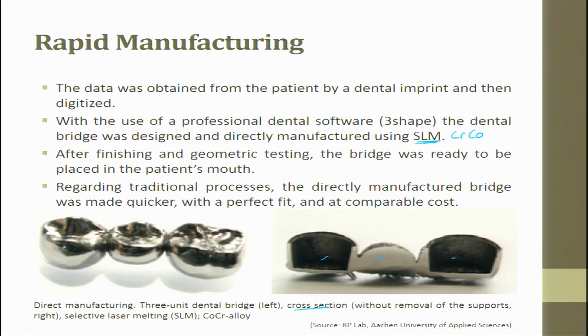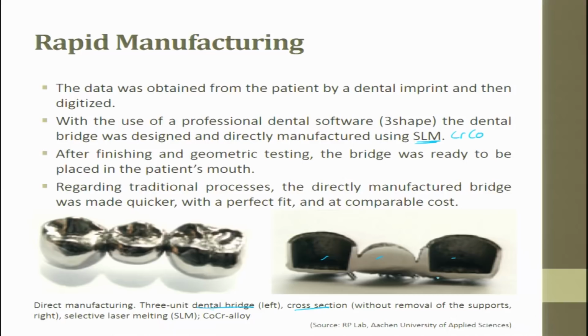Okay, and here what we see is the dental bridge. So, what we do is we go to a patient and scan his teeth profile, and then from the teeth profile the scan data is converted into a CAD model. From the CAD model it is directly given to 3D printing, or it is given to additive manufacturing through a process called SLM.